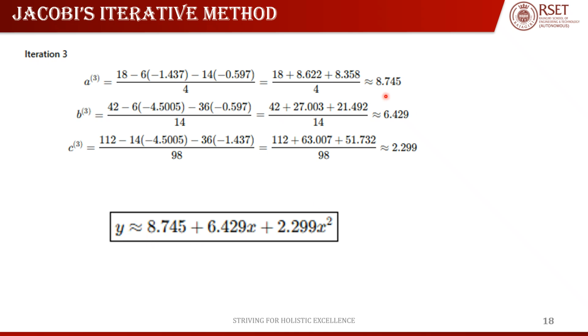Your a is approximated as 8.75, your b is 6.429, and your c is 2.29. So your parabola will be 8.75 plus 6.429x plus 2.299x square. So this is the way you do the problem. Hope you understood the session. Thank you.